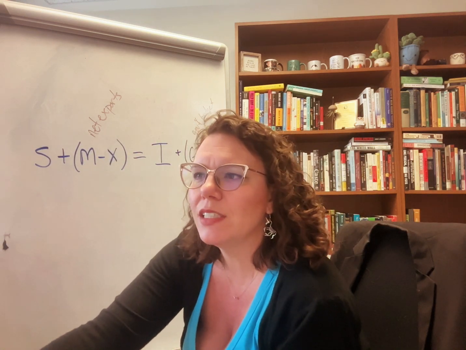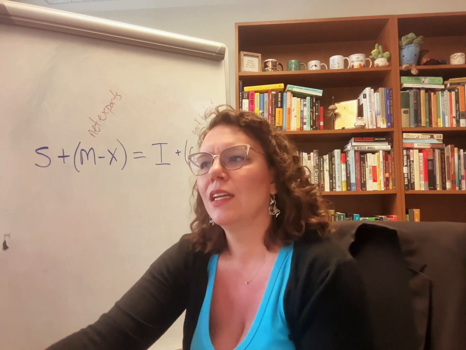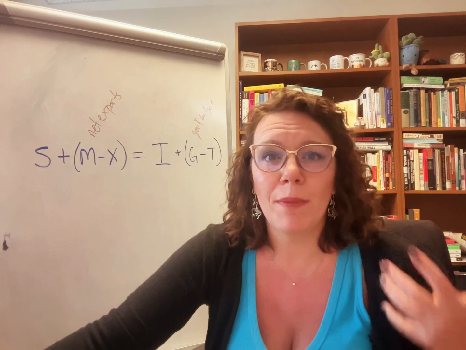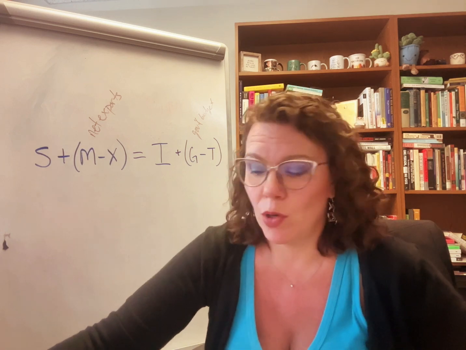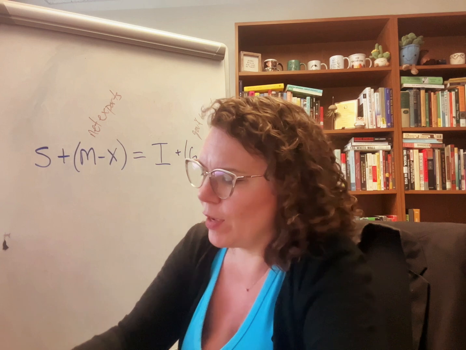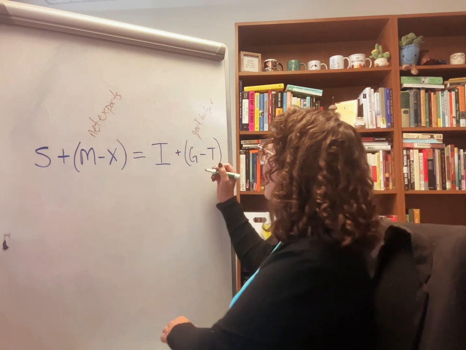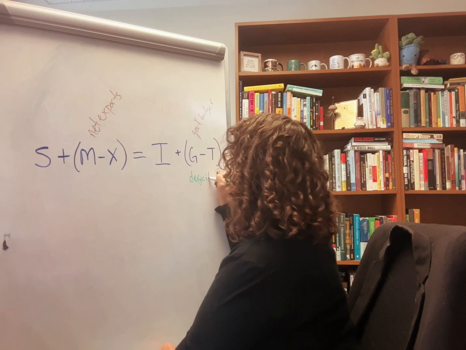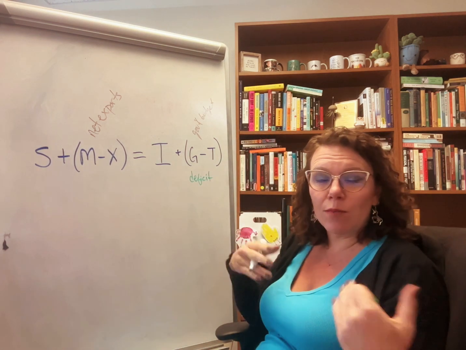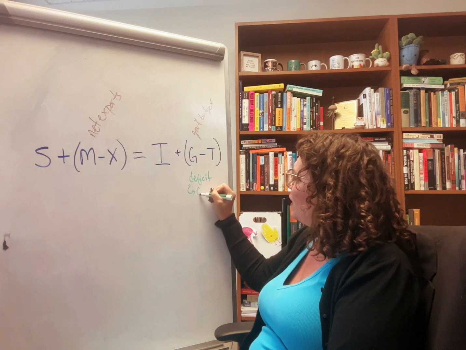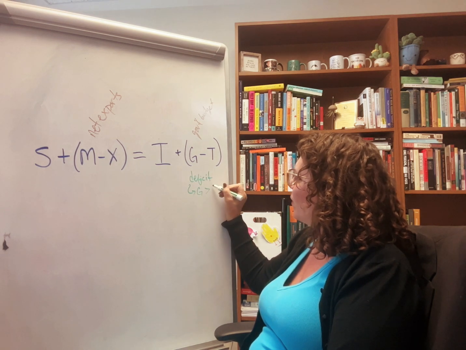Where it gets interesting is when we start to look at the idea that we're going to have to balance this with a budget deficit and some component of trade. So if we think about it this way, if we have a government deficit, right, the government is spending more than it's taking in, that means that G is going to be bigger than T.